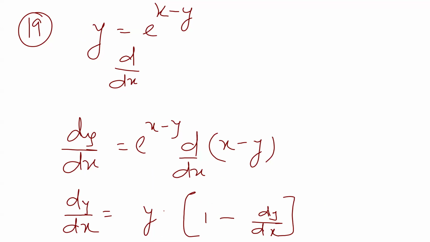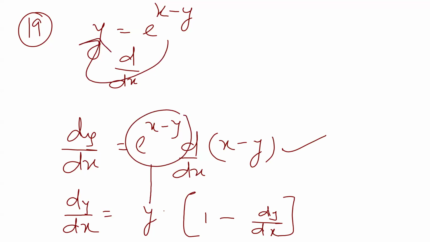I applied the chain rule. The derivative of e raised to x minus y is e raised to x minus y into the derivative of x minus y. The value of e raised to x minus y is y. Replace it with that, because this time we are not finding dy by dx. We are proving dy by dx is equal to something. So that's the logic.